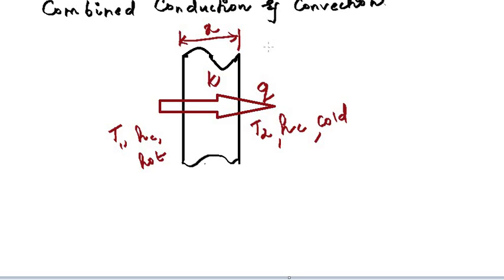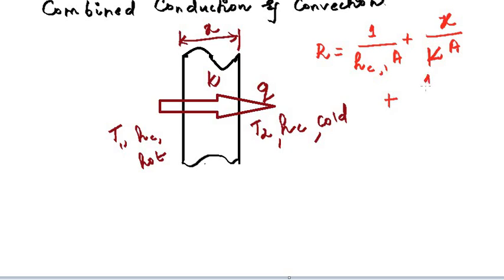Here the convection takes place at the outer two surfaces of the medium, which has a thermal conductivity K. The resistances will be in series, hence the total resistance will be 1 by Hc1 A plus x by K A plus 1 by Hc2 A. So this is the total resistance offered by the medium as well as the surroundings.